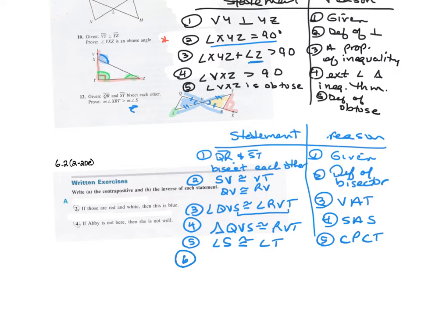So remember, the angle we were trying to bring in here is this one. So I'm going to state that that exterior angle, XRT, is going to be greater than just one of its remote interiors.